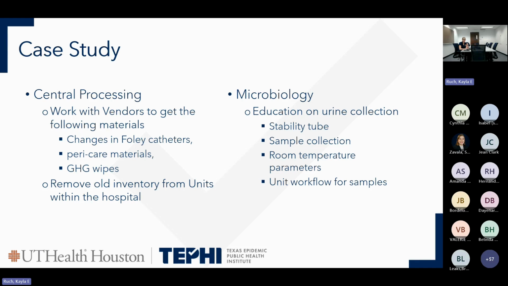Look at your pericare materials and your CHG wipes, and then remove old inventory from units within the hospital. So making sure that they don't have old stock, maybe if you've switched vendors or switched products, that nursing units are not hoarding just in case, but that you're actually physically auditing their supplies on their unit to make sure that they have what they're supposed to be having.